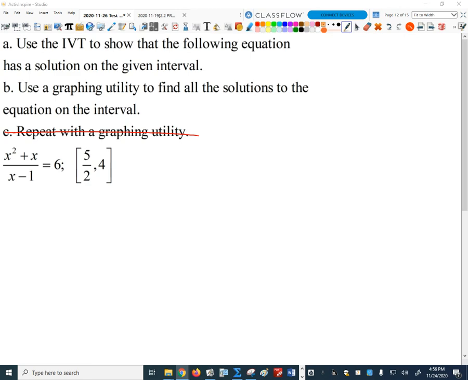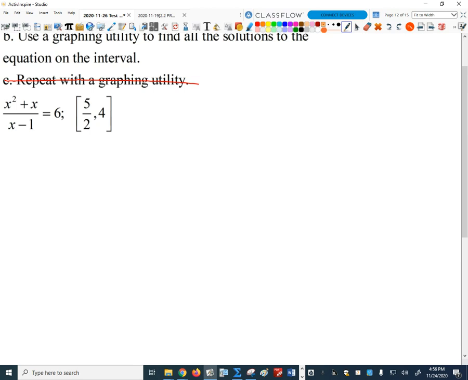So if I were to graph this thing, I think the best way to talk about the intermediate value theorem is with a graph. I've got this function over here. If I were to graph this function between 5/2 and 4, and there's the value 6, what we would have to see is that the value of the function surrounds 6.